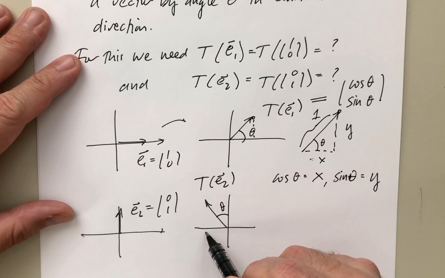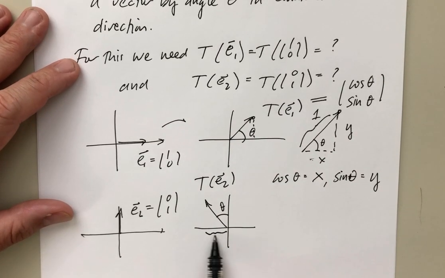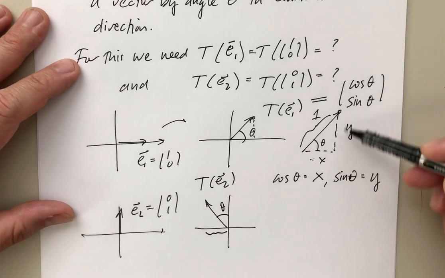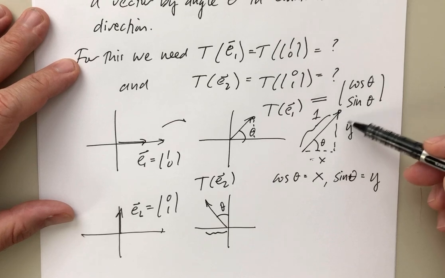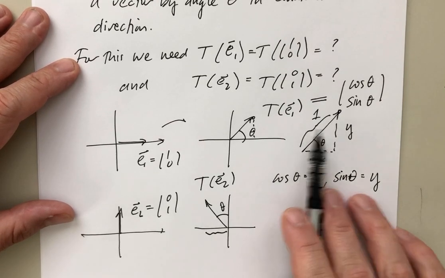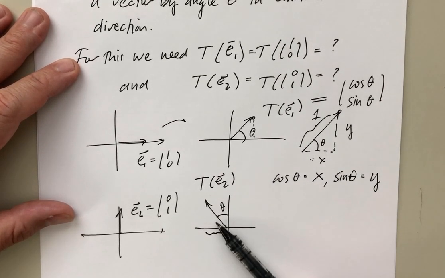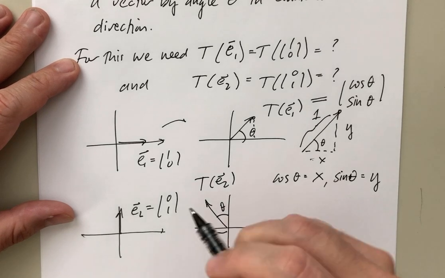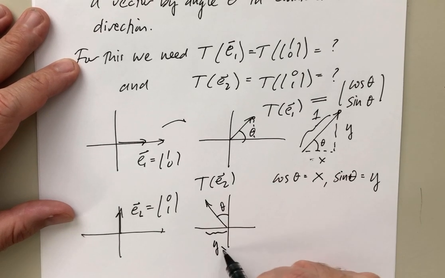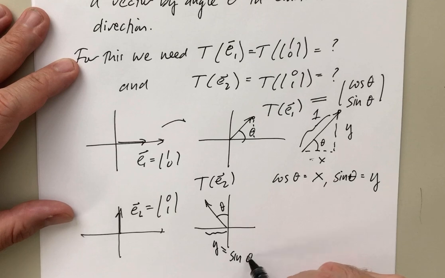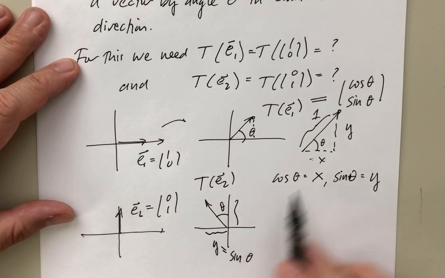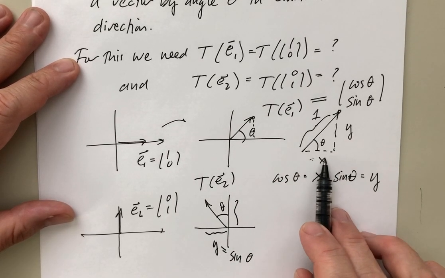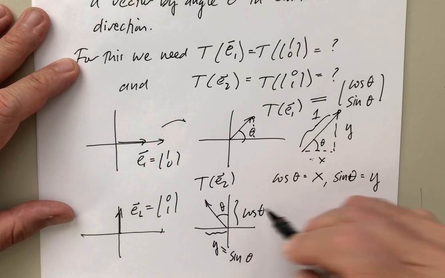If you think about taking this triangle, rotating it, and putting it in the position over here, this distance is y, which we knew was sine theta. And this distance is the same as the x value, which we called cosine theta before.